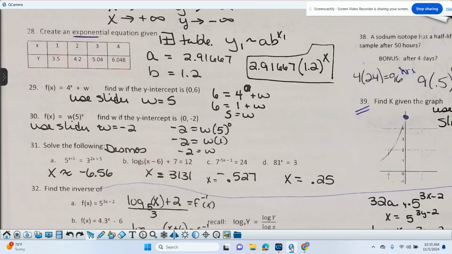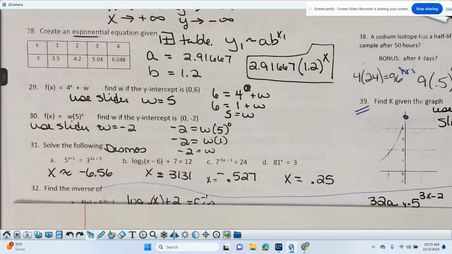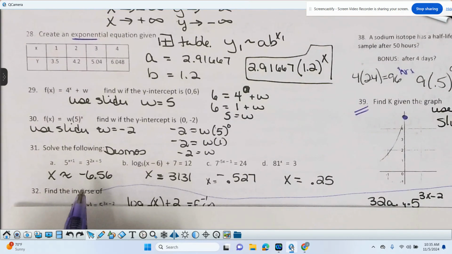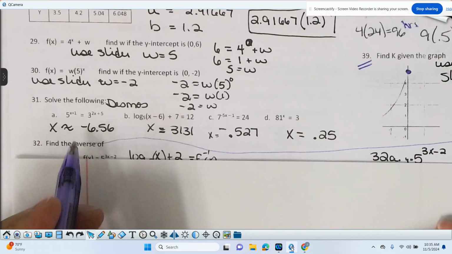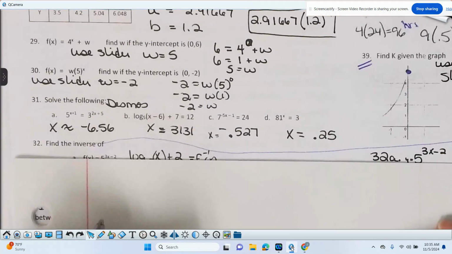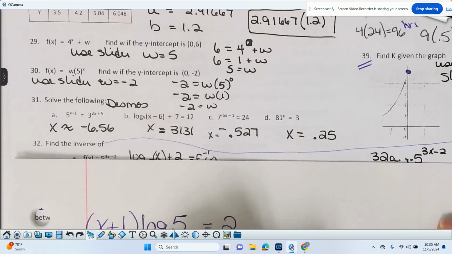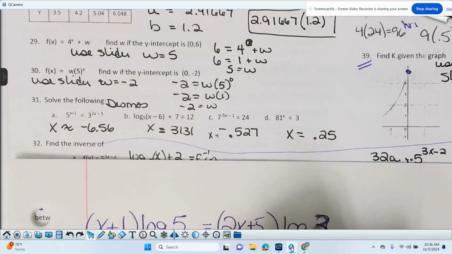Remember, if you get a question like that, and for whatever reason it doesn't work in Desmos, because you have these up front, then you want to bring that down and write x plus 1 times log base 10 of 5, and then that's going to equal 2x plus 5, again in parentheses, that's my exponent. And then log base 10, oh, it's a 3. Log base 10 of 3.